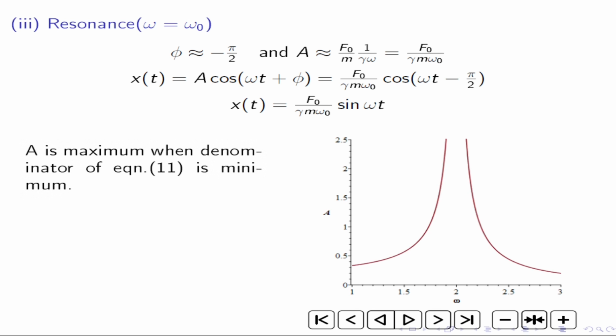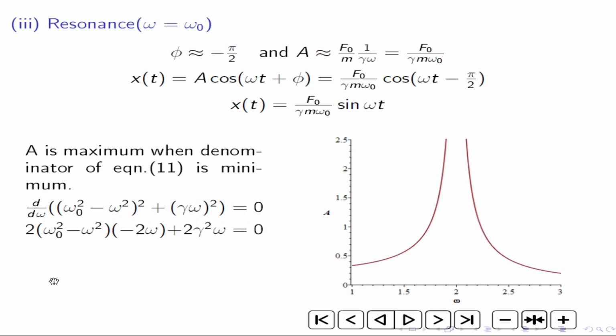The maximum value of a is obtained by minimizing the denominator of equation 11, that is d by d omega of the factors inside the square root, (omega 0 square minus omega square) whole square plus (gamma omega) whole square, equal to 0. This is a minimization condition, that is 2 times (omega 0 square minus omega square) into minus 2 omega plus 2 times gamma square omega is equal to 0.